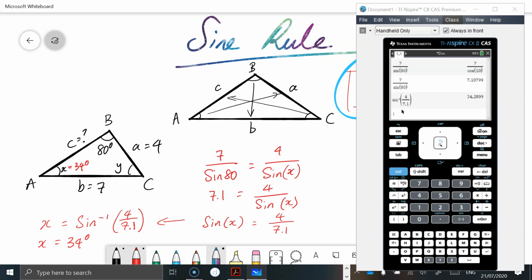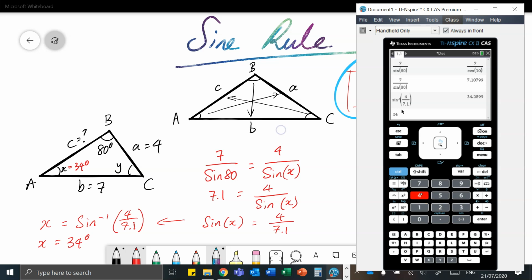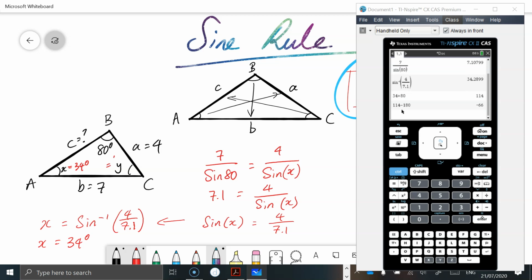So we've only just worked out what x is, so we can say that that's 34 degrees. You could essentially work out what y is, because you know 3 angles in a triangle add up to 180. So let's just go 34 plus 80 is equal to 114. Take away from 180, we get 66. So we know that y is equal to 66 degrees.